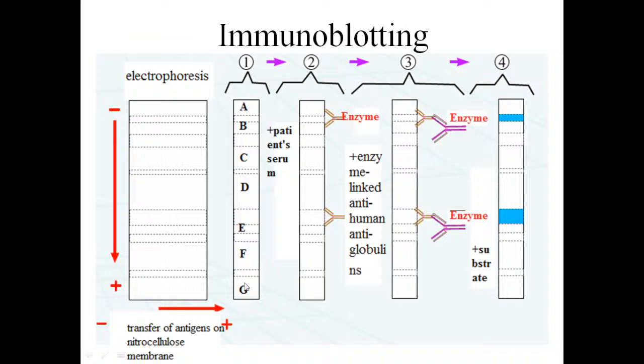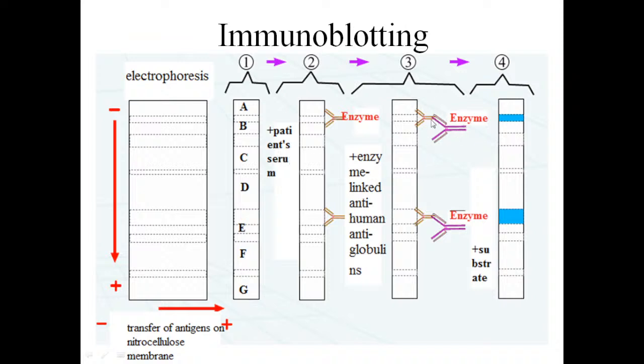Add to this nitrocellulose membrane. The patient's serum may contain or may not contain antibodies. Then we should add enzyme-linked anti-human antiglobulin serum, and that should be bound with human antibodies, with these antibodies.